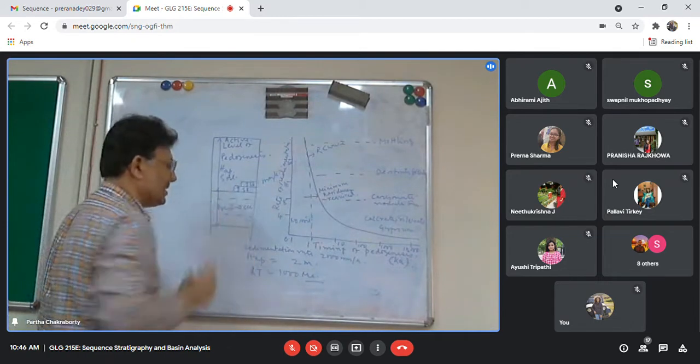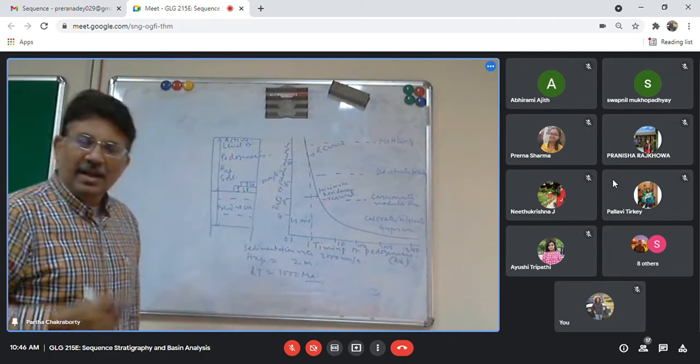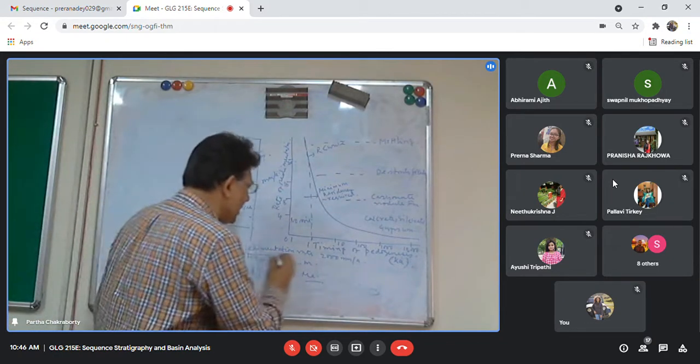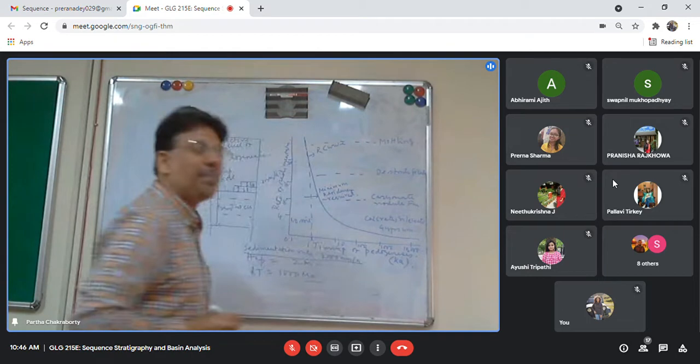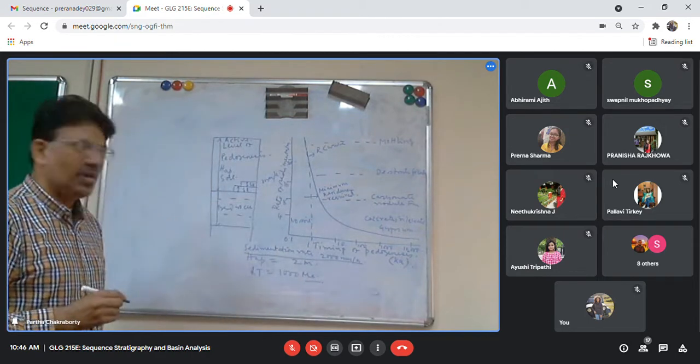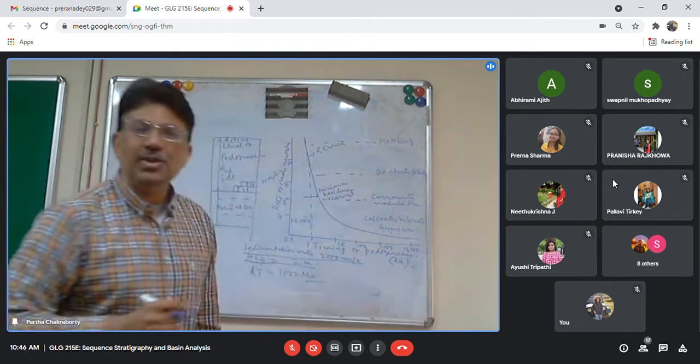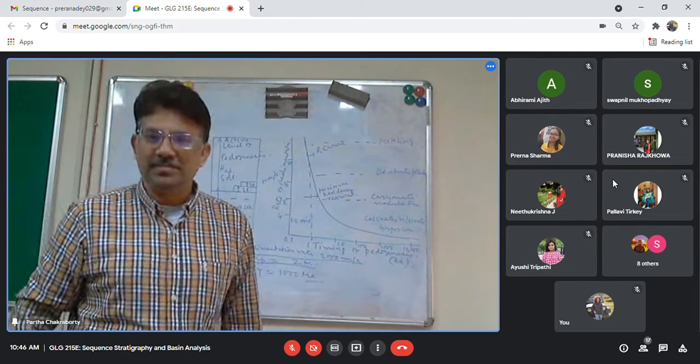The sedimentation rate, SR, is this. Suppose I have a sedimentation rate of 2000 millimeter per annum, and a pedogenesis depth of 2 meter.